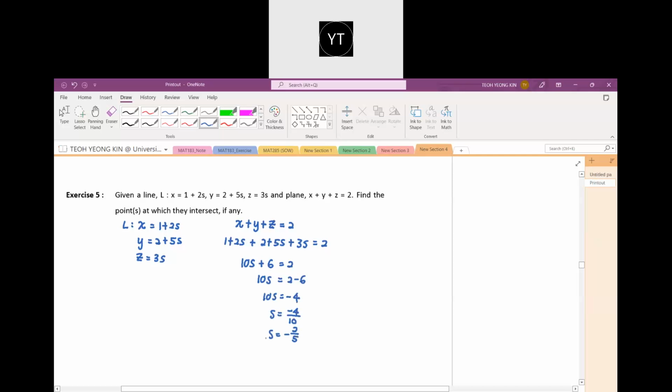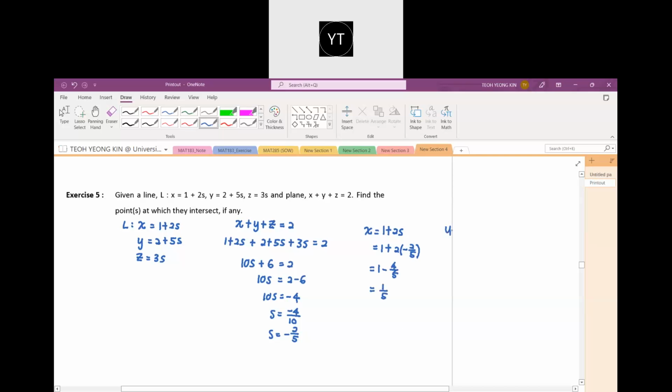From this value of s, we substitute into x, y, z to get the point of intersection. x equals 1 plus 2s, where s is negative 2 over 5, so 1 minus 4 over 5, which equals 1 over 5.